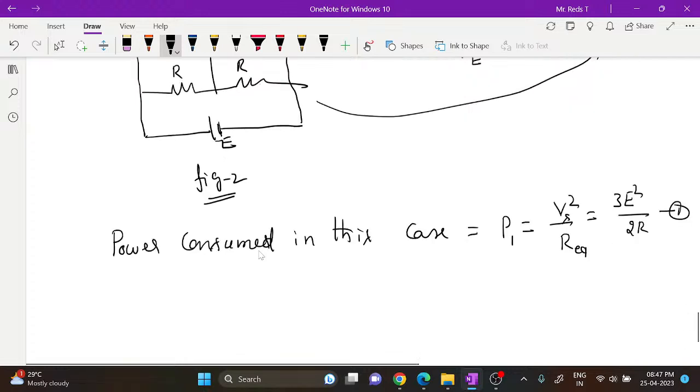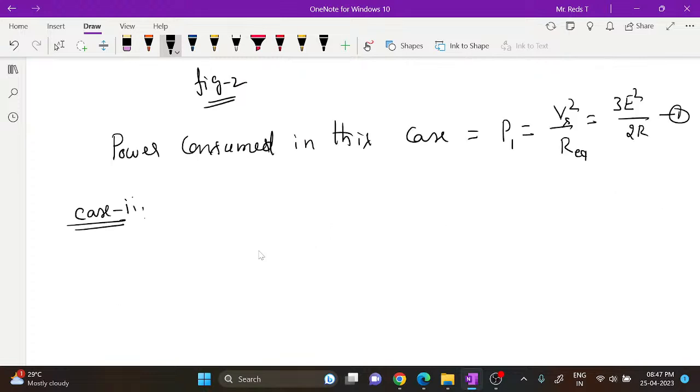Whereas the next scenario, that is case 2. It is given that two bulbs from A and one bulb from B are glowing.